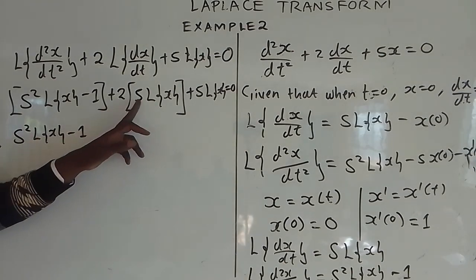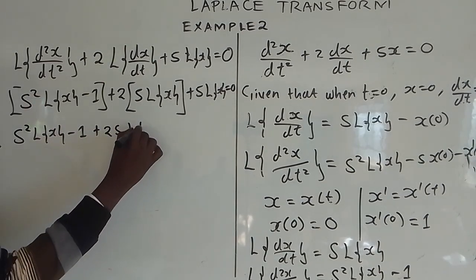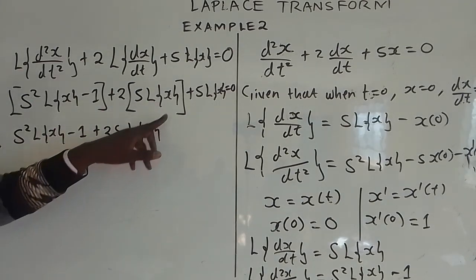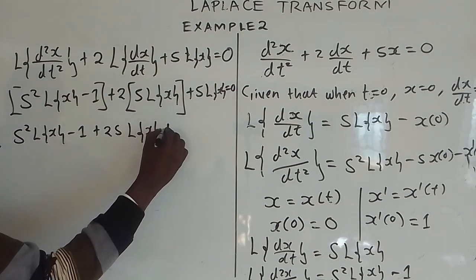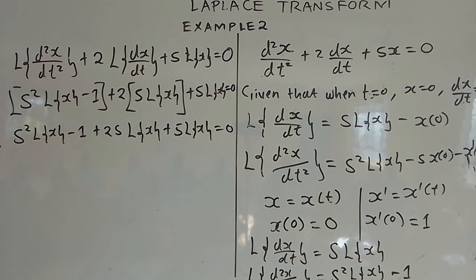Then this other one, 2 times s, you get plus 2s Laplace transform of x. Are we together? This minus 1 is here. Plus 2s Laplace transform of x, then plus 5 Laplace transform of x to be equal to 0.